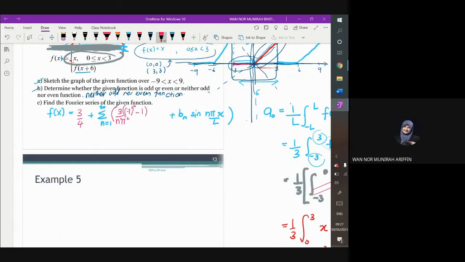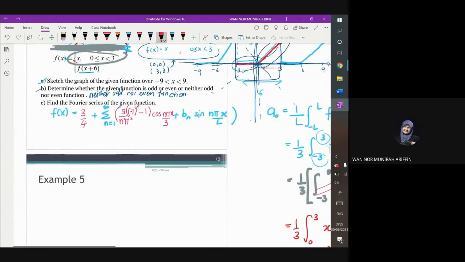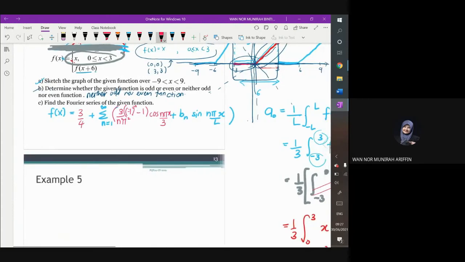That is my an. Don't forget to times with cos n pi x over L, where L is 3. Next I want to find my bn. Oh, not finished yet. Alright, so we try to find our bn.